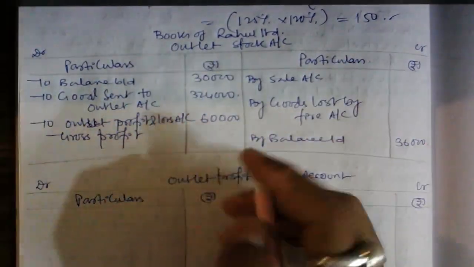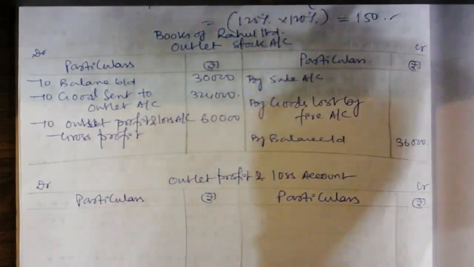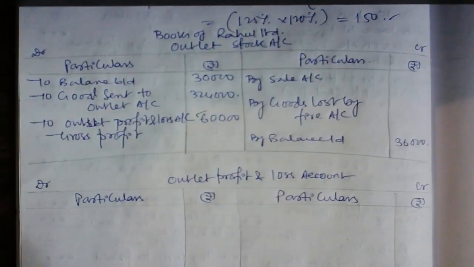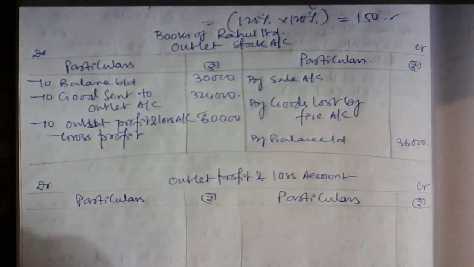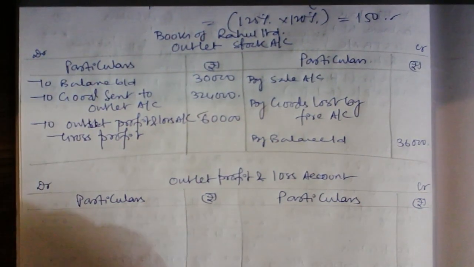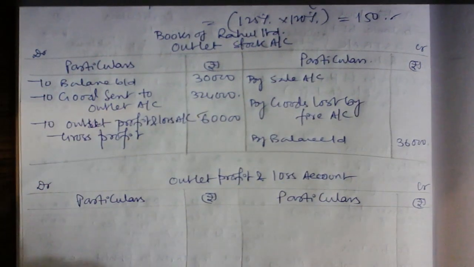Now try to understand, 60,000 is a profit. This profit has come after selling to the customer. So if 60,000 is a profit, can I write this 60,000 is nothing but 50%.